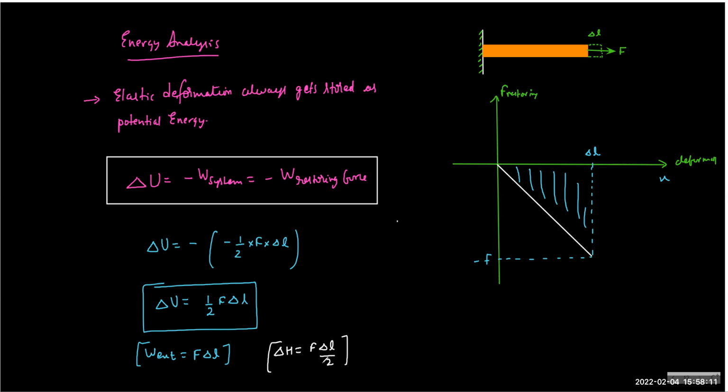So whenever you are not aware of the exact effect that the external force is producing, always go by the first definition, and then from there you can deduce what is happening. So 50% of the work done by the external force is getting stored as potential energy, and 50% is getting wasted as heat. Anyone having any doubt?